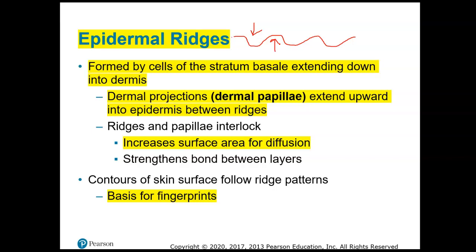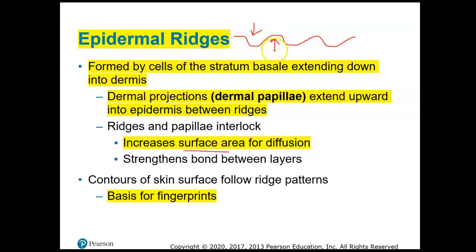And the purpose of it is to increase the surface area for diffusion, because remember that the epidermis doesn't have a blood supply. So that folding where the dermis and the epidermis connect increases the surface area so that more nutrients and oxygen can get to the cells of the epidermis, the ones that are still living. So just remember that the ridges are the folds that fold down.